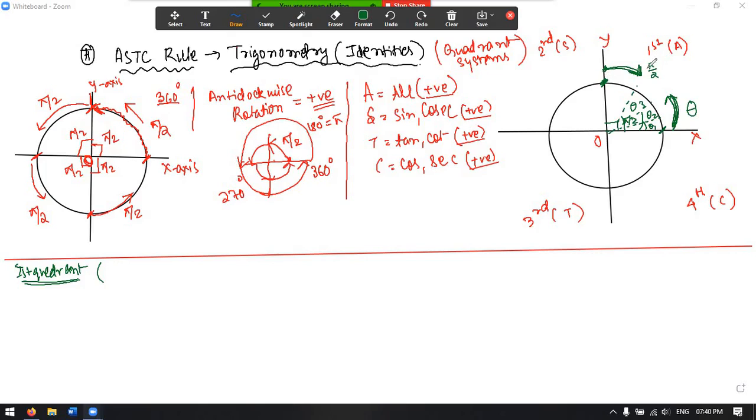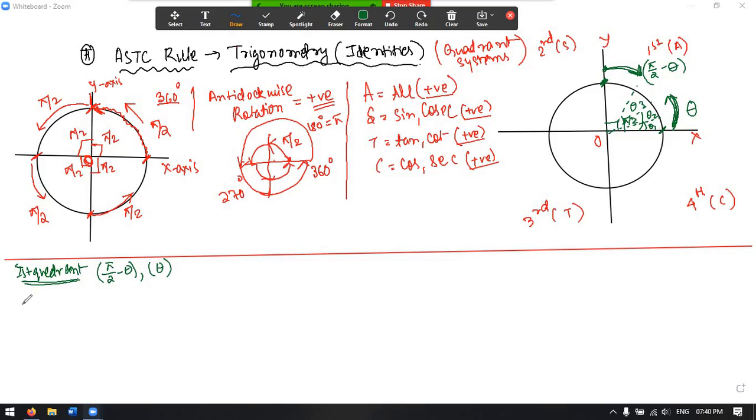Now again you want to stay in the first quadrant, so you have to subtract the value of theta that you have already traveled from the 90 degrees. So in the first quadrant, the angle will be either 90 degrees minus theta or it will simply be theta.